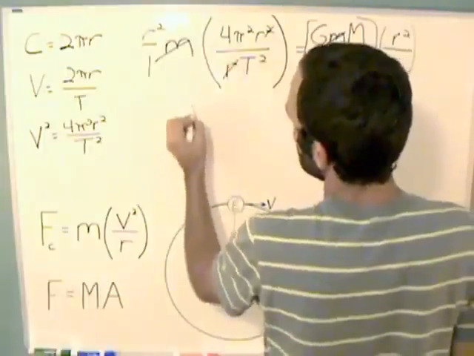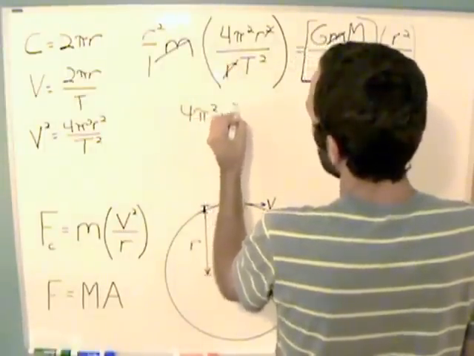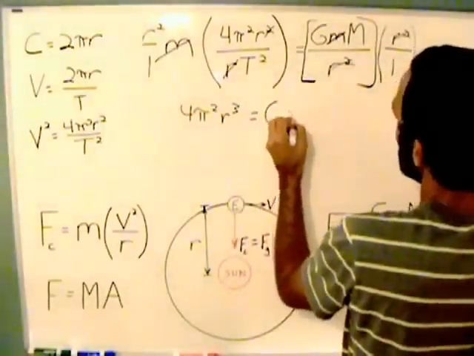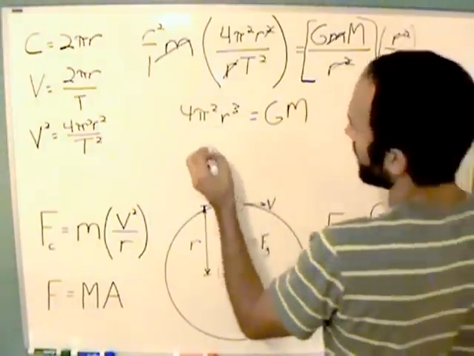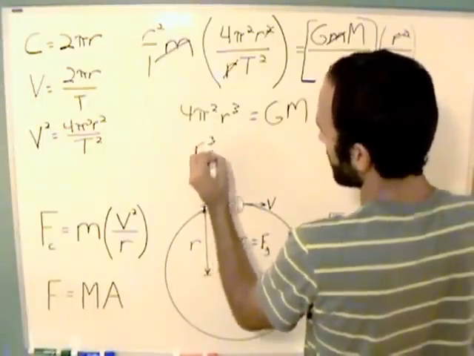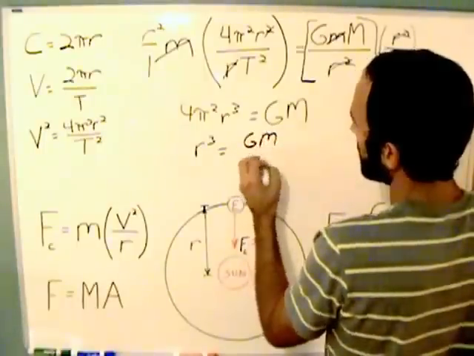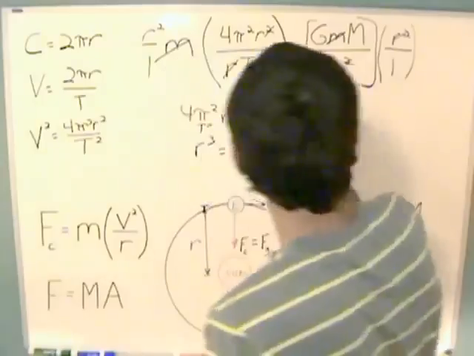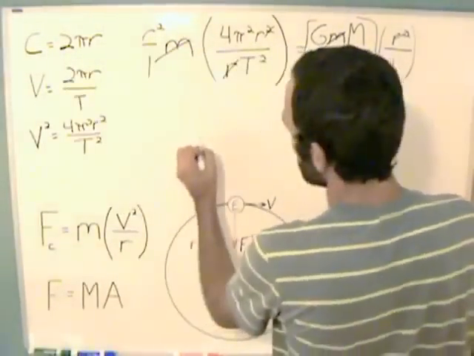That gives us 4 pi squared r cubed equals, cancels on this side, G times big M. And then we want to get r by itself over here, so we divide by 4 pi squared. I'm not going to actually show the steps, but r cubed equals G M, nope, I missed the T cubed. Let me just write this out. Instead of doing all the algebra for you, I've already done it, and if you look this up, this is the period equation.